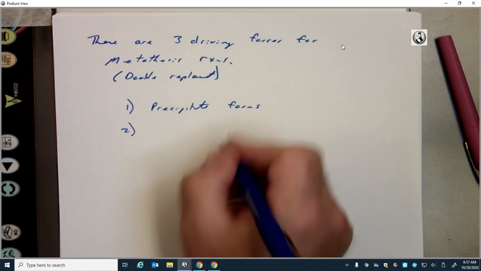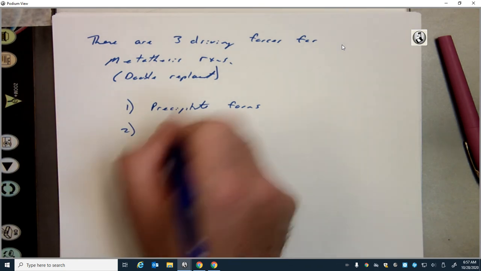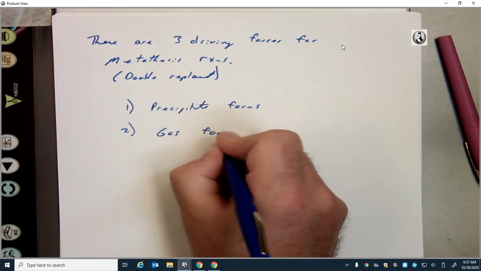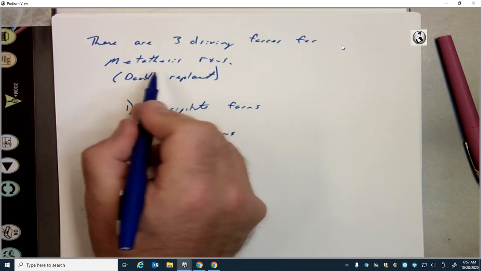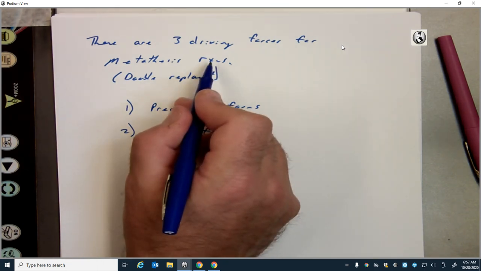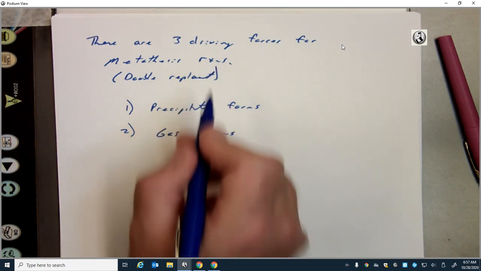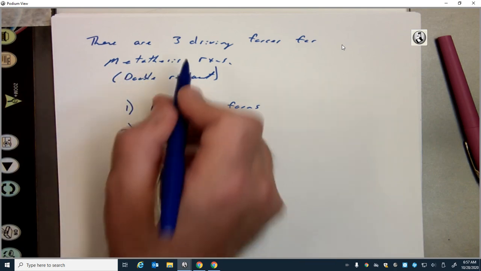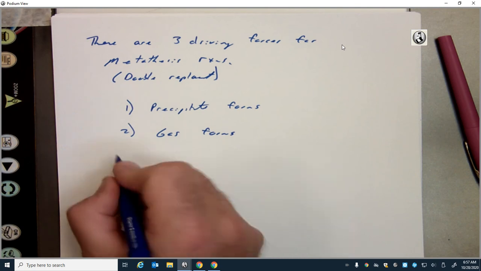Well, we also know that this is going to happen if a gas forms. So if we do a double replacement reaction and it forms a precipitate, that reaction happens. If we do a double replacement or a metathesis reaction and a gas forms, again, the reaction happens.